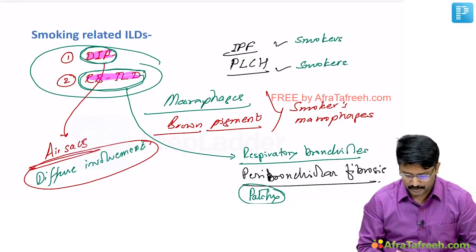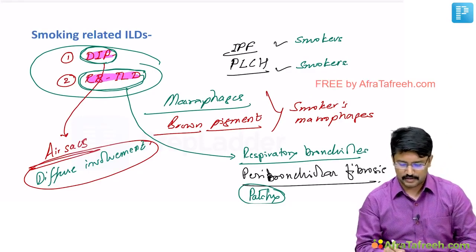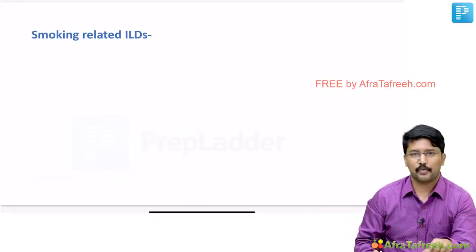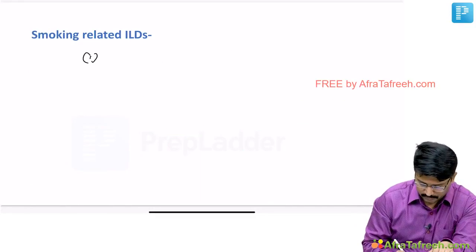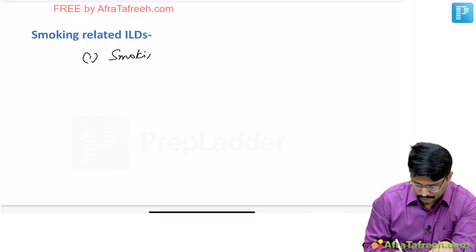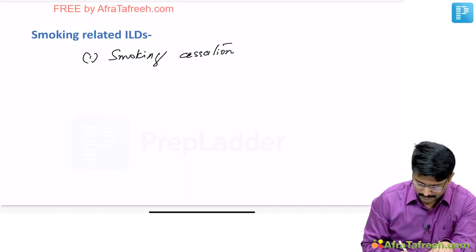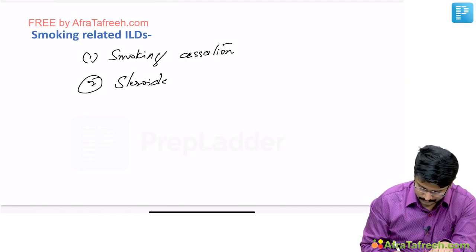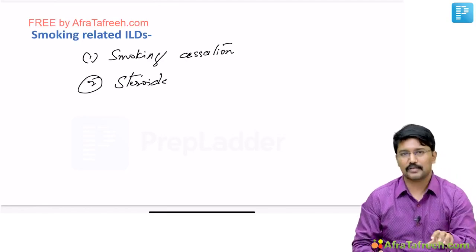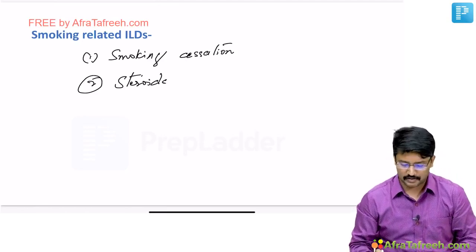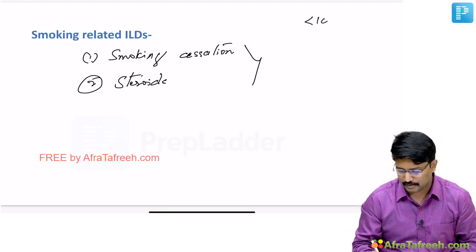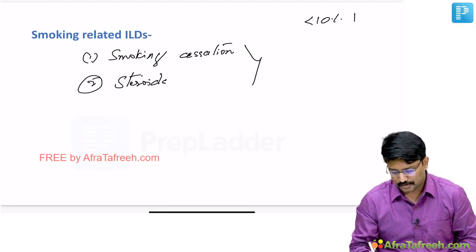Neither DIP nor RBILD has a worse prognosis, and they respond excellently to one, smoking cessation, and second, to steroids. Both of these smoking related ILDs account for actually less than 10% of all interstitial lung diseases.